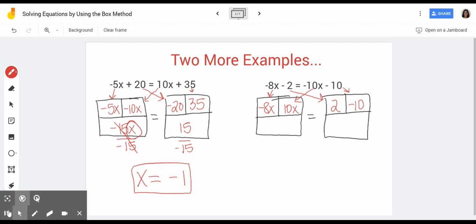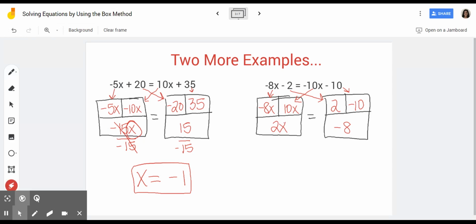Now that I have the two terms inside my small boxes, I'm going to combine them. On the left, I have negative 8x and 10x. Signs are different. Different signs subtract, so 10 minus 8 is 2x. Same thing over here, different signs subtract, and I get negative 8. Now, step 4 is to divide by the coefficient.